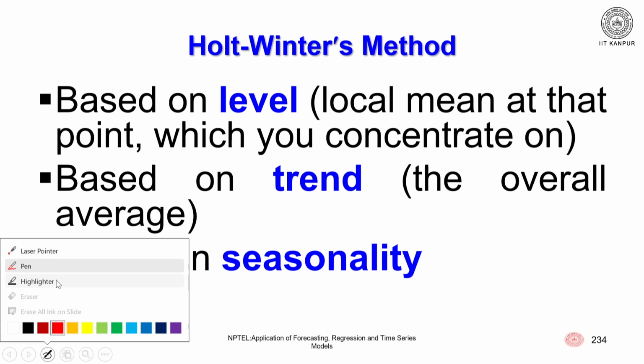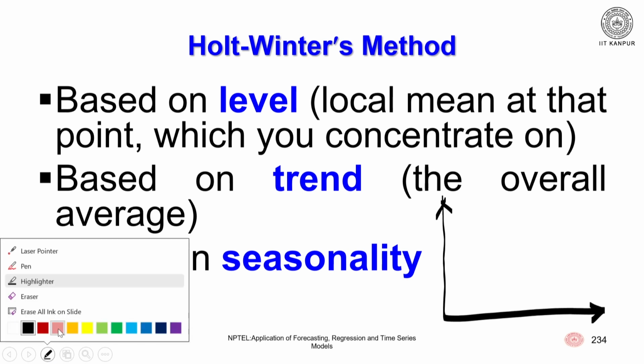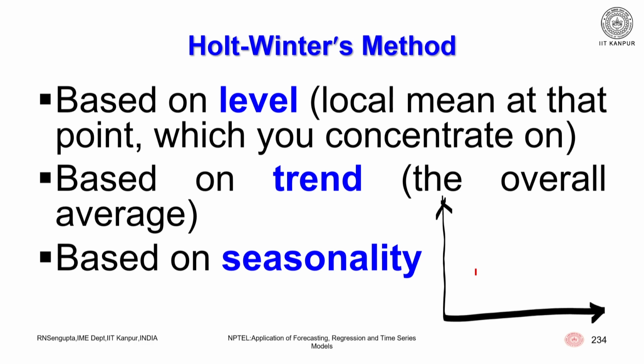If you want to draw the graph very simply, you have the y axis here and the x axis here, where the x axis denotes the time and the y axis has the y values, which is the actual value. Now, if I have the general Holt linear method, the graph would have been like this. I will utilize red color.